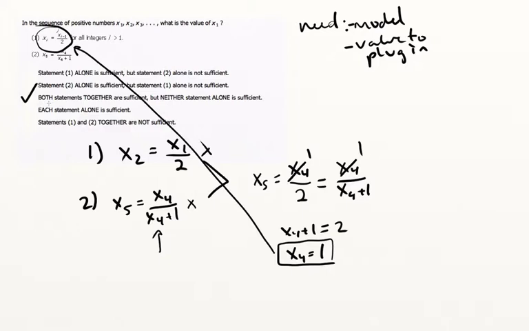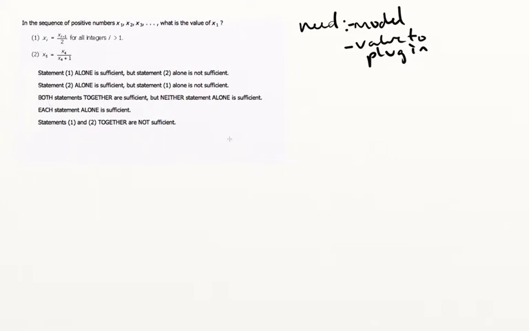So let's step back and plug x sub 4 equals 1 into our model. Knowing x sub 4 equals 1, I'm going to take the model and start with x sub 4. So x sub 4 is x sub 3 over 2. So 1 equals x sub 3 over 2 tells us that x sub 3 is 2.